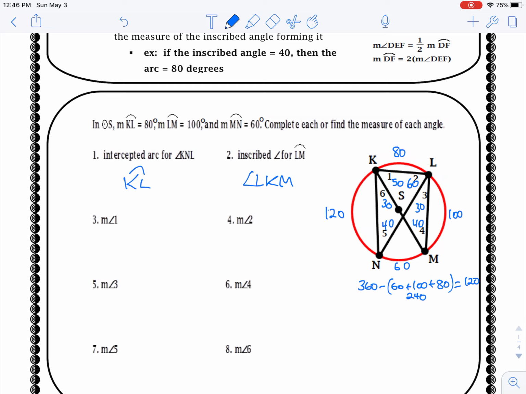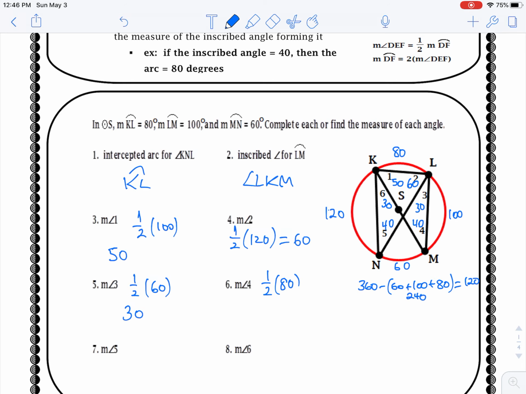Angle 1 we said was 1/2 of 100, which is 50. Angle 2 is 1/2 of 120, which equals 60. Angle 3 we said was 1/2 of 60, which is 30.